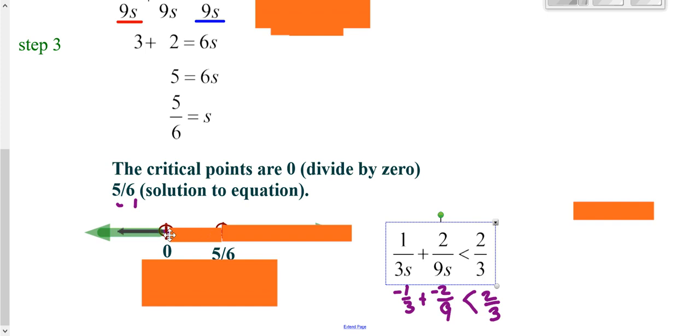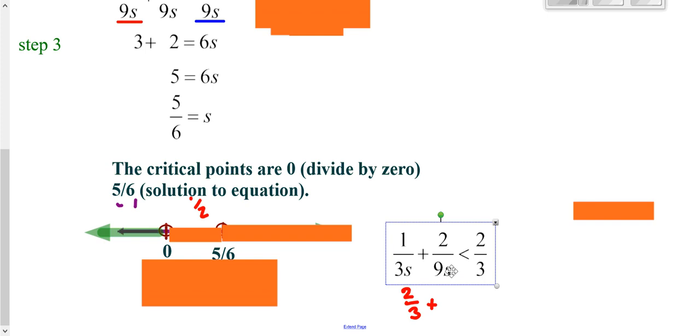I could try a number in between, like a half. So if I try a half, three times a half is 3/2. 1 divided by 3/2. Instead of dividing by a fraction, you multiply by the reciprocal.